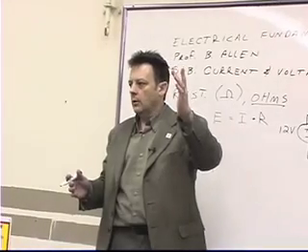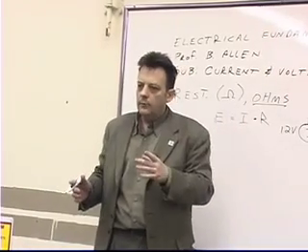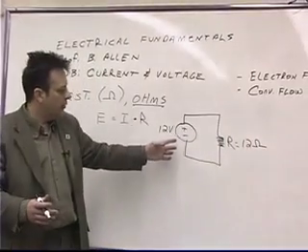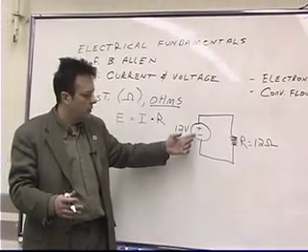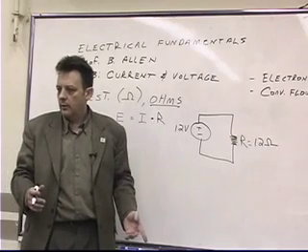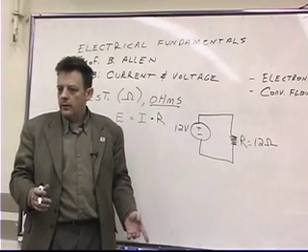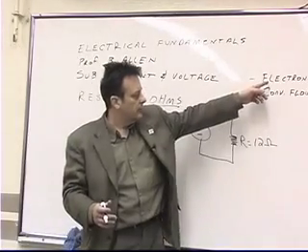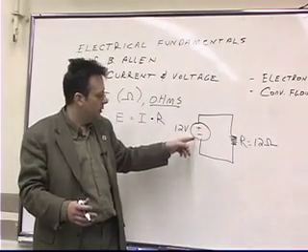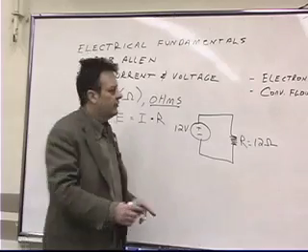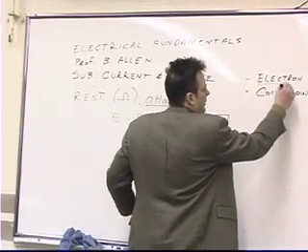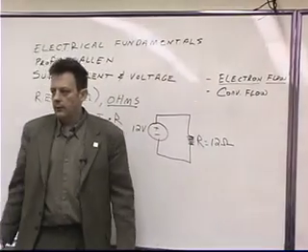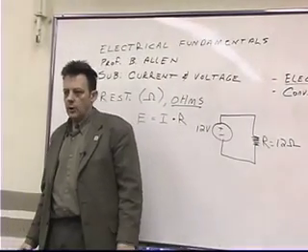in a battery. In electron flow theory, which terminal do the electrons leave the battery? Negative. Electrons leave the negative terminal of the battery. Okay? So this is what we are going to study, and this is what is emphasized in our book.